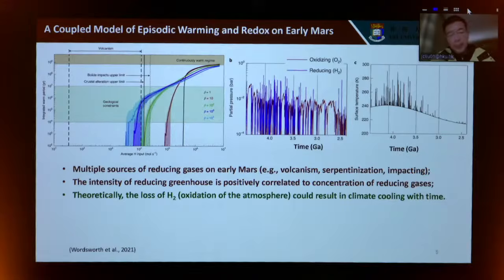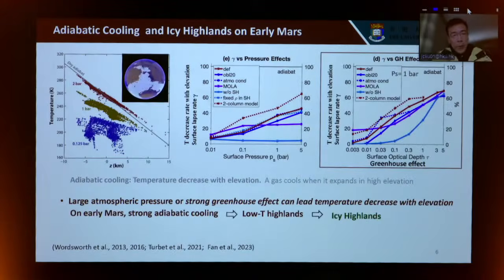The intensity of the reducing greenhouse is positively related to the concentration of hydrogen. Theoretically, the loss of hydrogen or the oxidation of the atmosphere would result in climate cooling with time. The reducing greenhouse warming also involves 1 bar or 2 bar CO2, and under such high pressure conditions it can cause strong adiabatic cooling, with temperature decreasing with elevation.